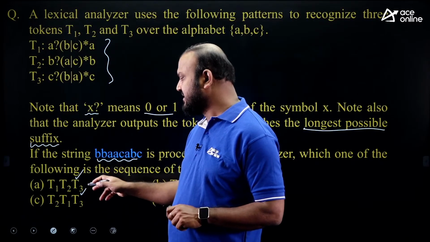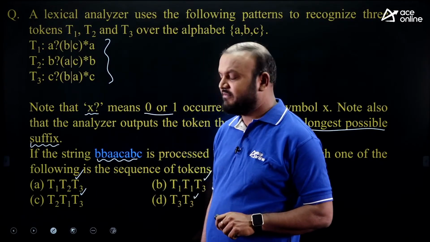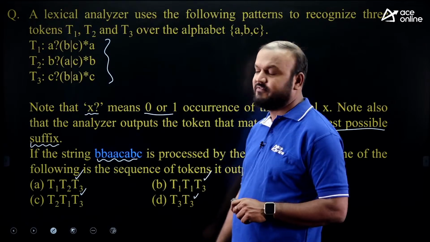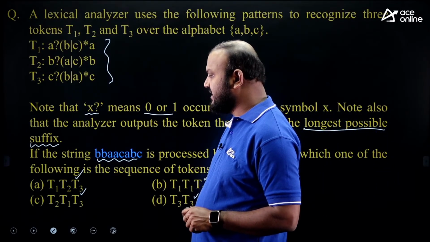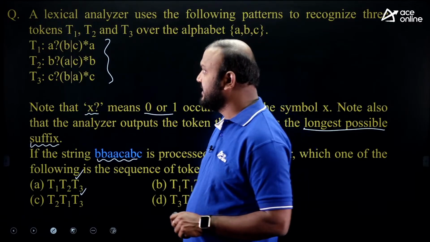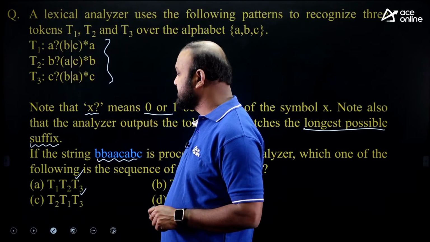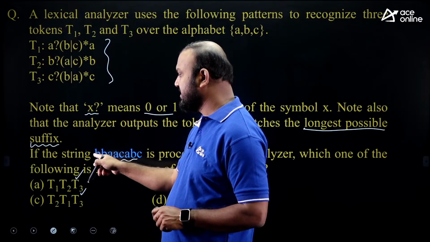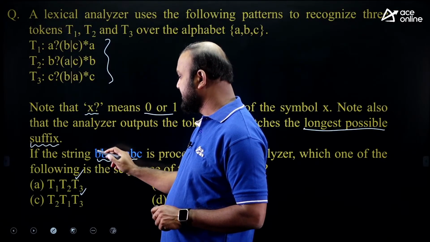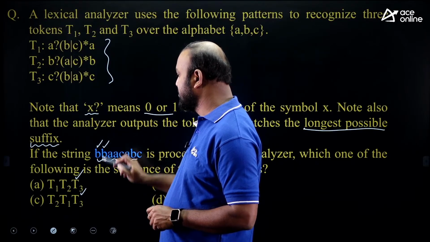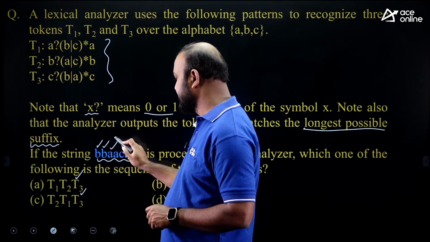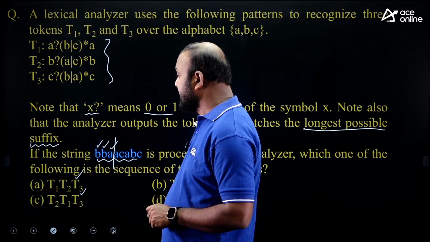It is not compulsory that every token stream is going to have the same length of suffix. Look at option A, token T1. What is the pattern of token T1? A question mark, (B|C) star, A. A question mark means 0 occurrence of A, (B|C) star means 2 B's, and it ends with A. This is token 1.